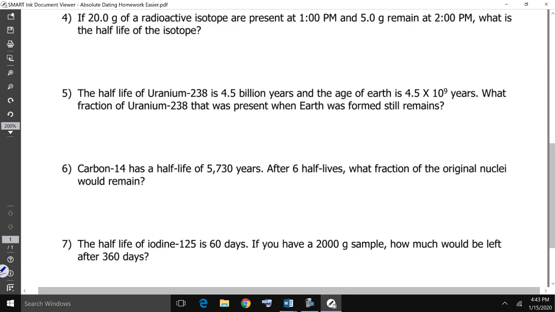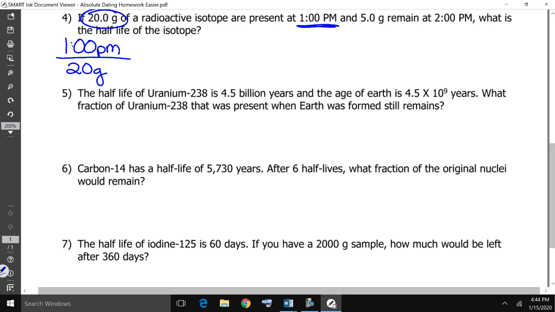Okay, so this one, again, we can still set it up exactly the same as we've been taught. So at time 0, in this case, time 0 is 1 o'clock p.m. So at 1 o'clock, we have 20 grams.